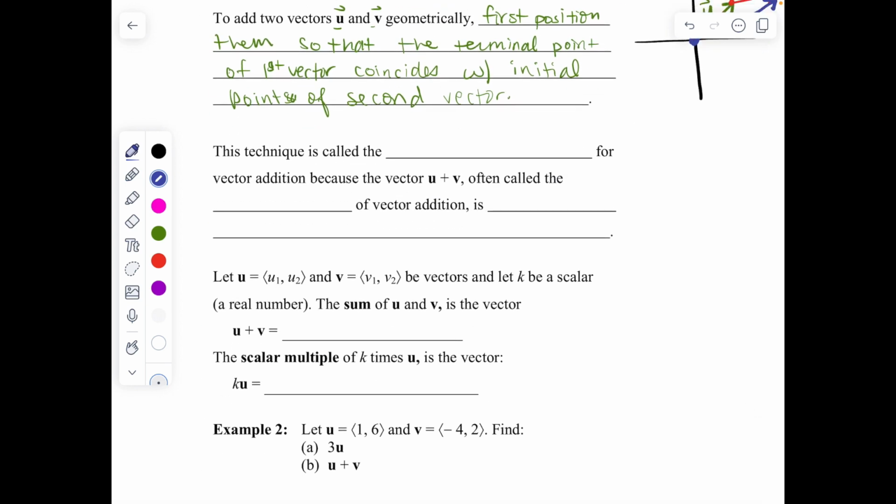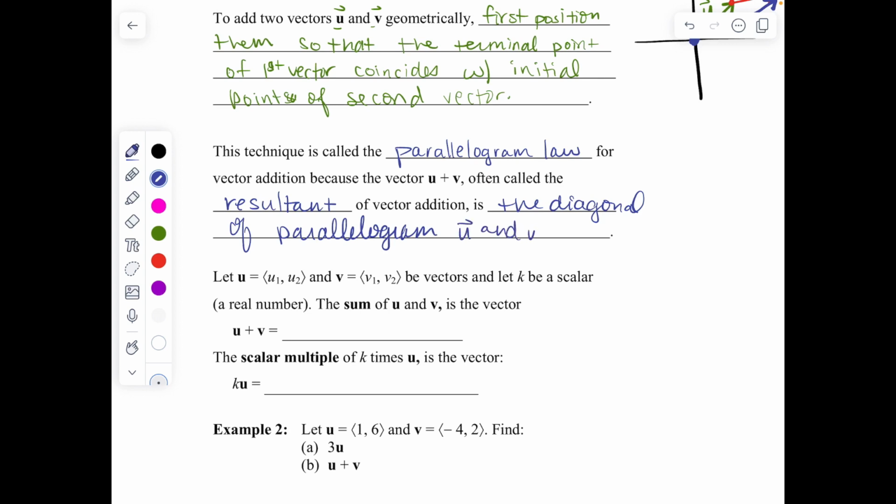Okay. And this technique is called the parallelogram law for vector addition, because the vector u plus v is often called the resultant and is the diagonal of the parallelogram that has u and v as its adjacent sides.